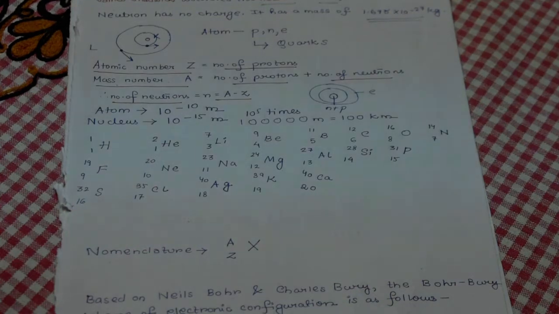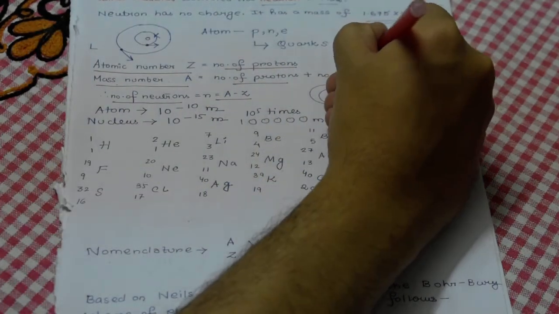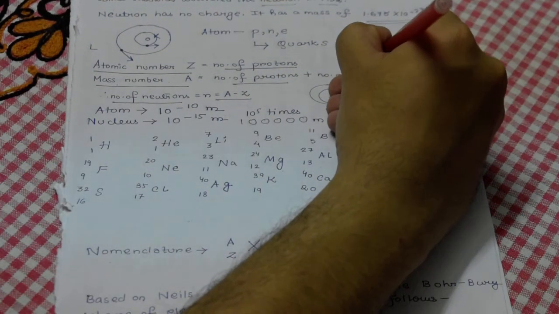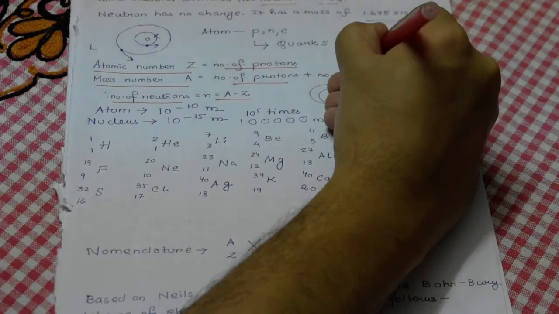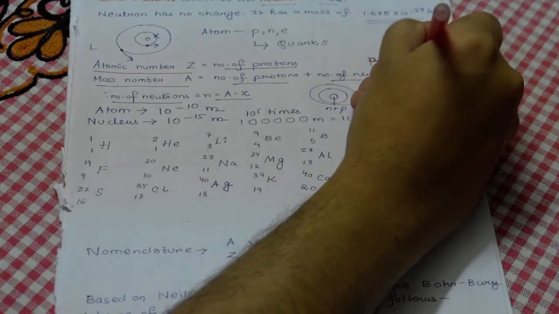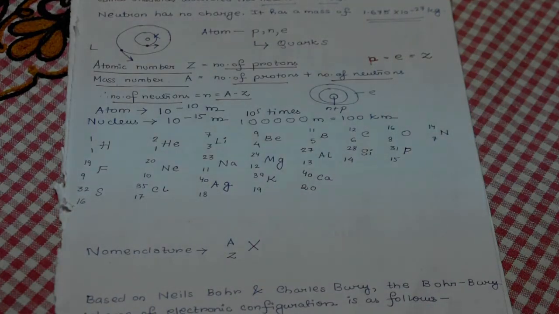And since an atom is overall neutral, the total number of protons, P, is equal to the total number of electrons, which is ultimately equal to the atomic number Z. So the atomic number Z gives us the total number of electrons and protons, whereas the mass number helps us know the total number of neutrons.